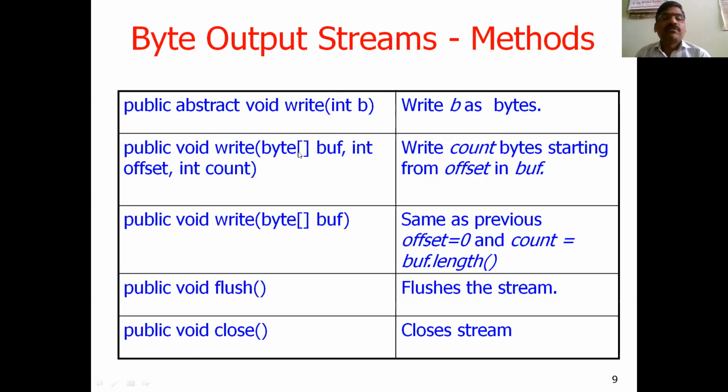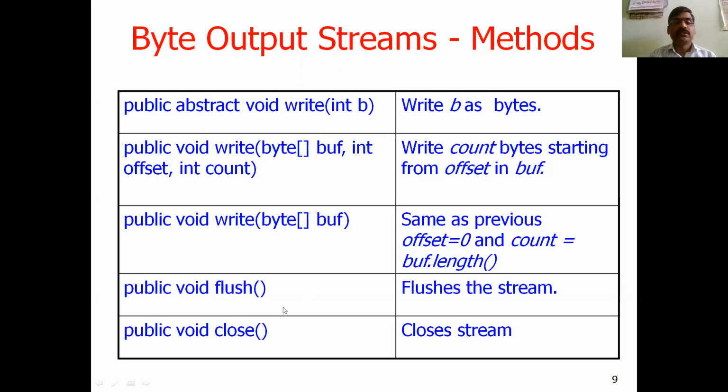The second form of write takes 3 parameters: byte array, offset and count. It will write the count number of bytes starting from the offset from this byte buffer array. Then the third form of write takes only the byte array, which is the same as offset equal to 0 and count equal to the length of this buffer.